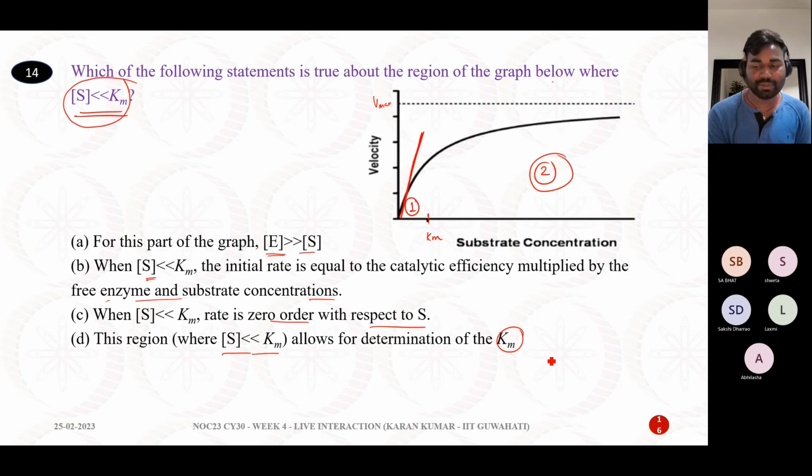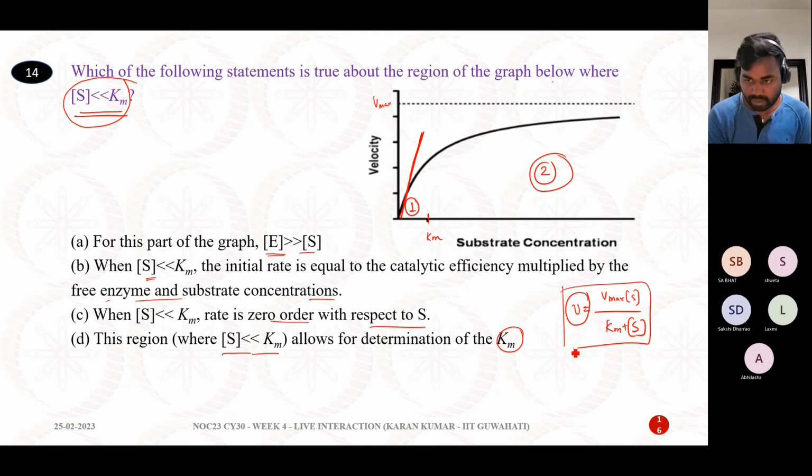And slope arises due to initial velocity of the reaction Vmax into S by Km plus S. So in the first part, when the substrate concentration is much lower than the Km, the reaction will persist as the first order kinetics and this Michaelis-Menten kinetics will hold.